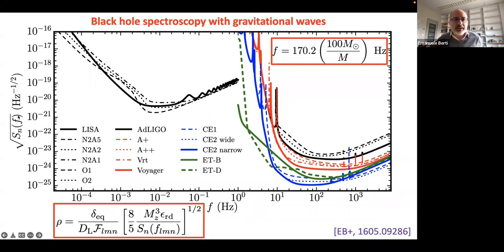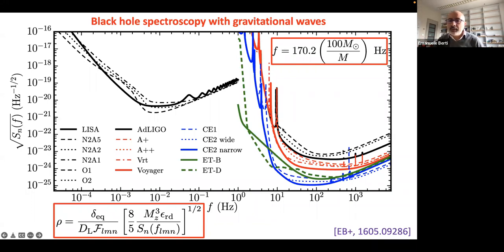So what you see in this plot is the noise power spectral density of gravitational wave detectors now and in the future. At higher frequencies here, what you see is the typical noise power spectral density in LIGO O1, the first observing run, the second observing run, and the sensitivity that will be achieved when Advanced LIGO reaches what is called the design sensitivity.